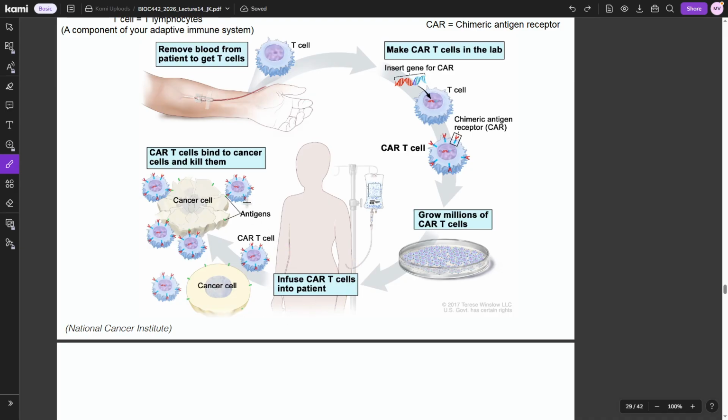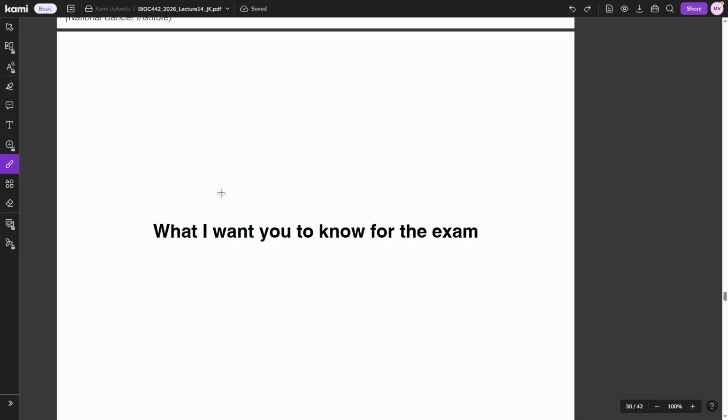And so these T cells that you just made with this DNA will start binding to these cancer cells and destroying them, because these receptors are able to pick up one of the antigens on the cancer cell surfaces. Pretty cool process, actually.